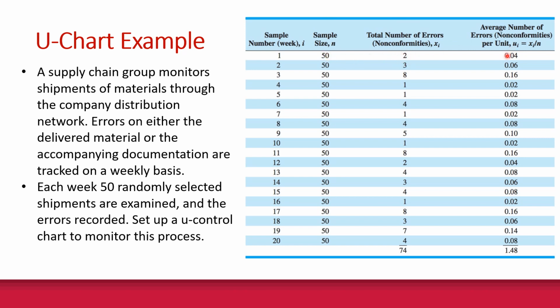So 2 divided by 50, that's where we get the average number of errors per unit. 2 divided by 50 is 0.04. The next week, we get 3 divided by 50, 0.06. So every week we calculate these. For the total number of errors, we simply add up the third column, and we get 74. For the average number of errors per unit, we add up all of these, and we get 1.48.